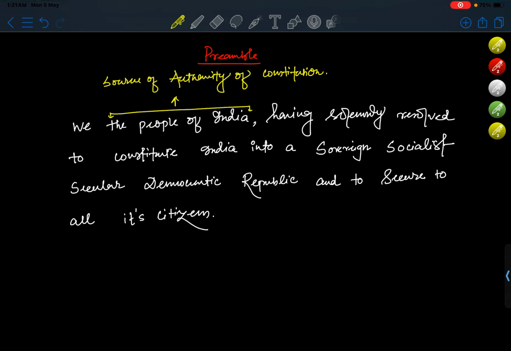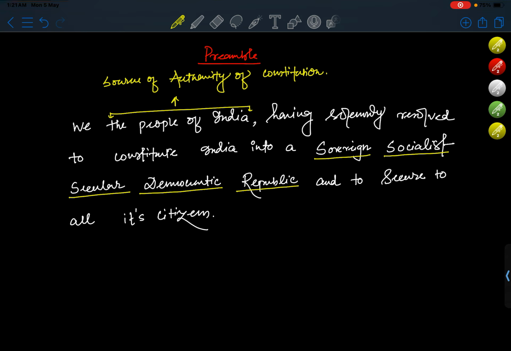So ultimately the source of authority of the constitution is we, the people of India. This is very important, always remember it. Next, we, the people of India, having solemnly resolved to constitute India into a sovereign, socialist, secular, democratic republic.